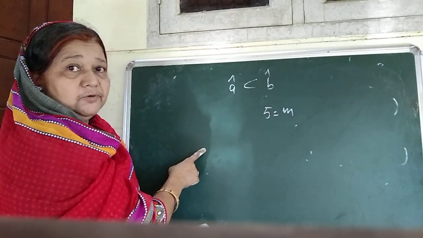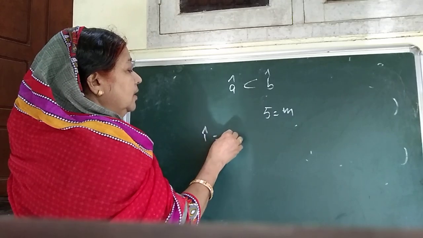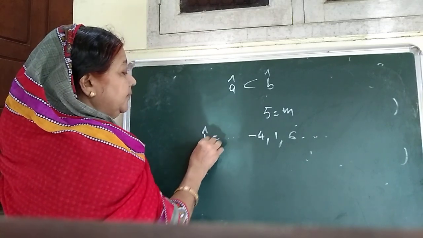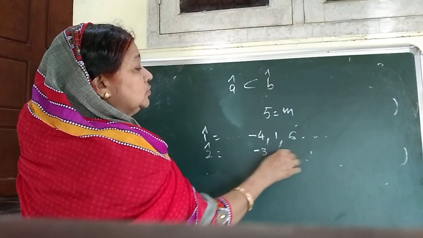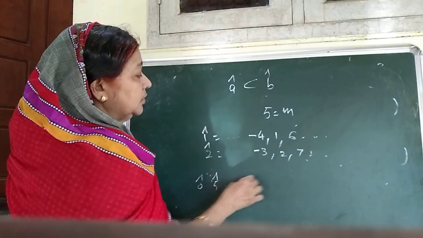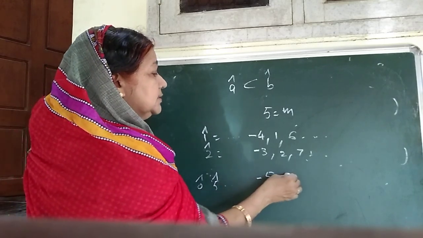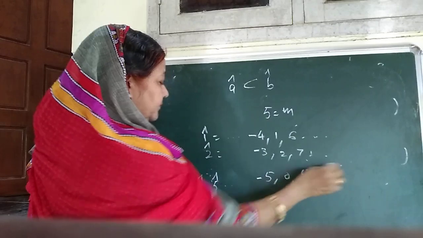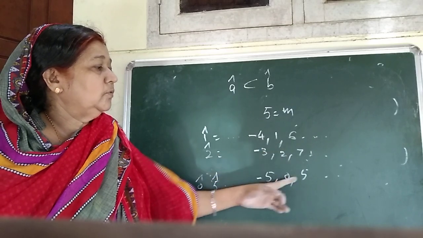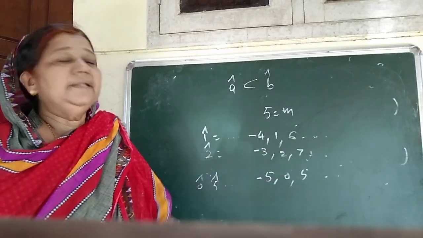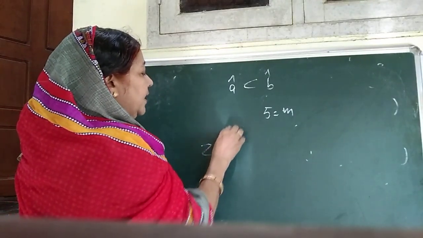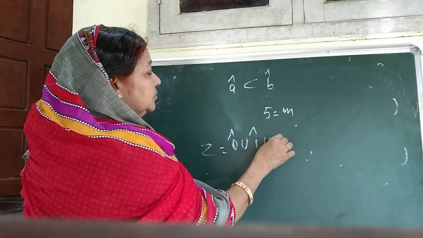So we have 5 residue classes. 1 cap equal to ..., -4, 1, 6, etc. 2 cap equal to ..., -3, 2, 7, etc. 5 cap or 0 cap equal to ..., -5, 0, 5, etc. You can see that they are all disjoint and also their union is 0, 1, 2, 3, 4, 5, etc. Therefore, their union is the set of all integers, or Z equals 0 cap union 1 cap union 2 cap, etc.